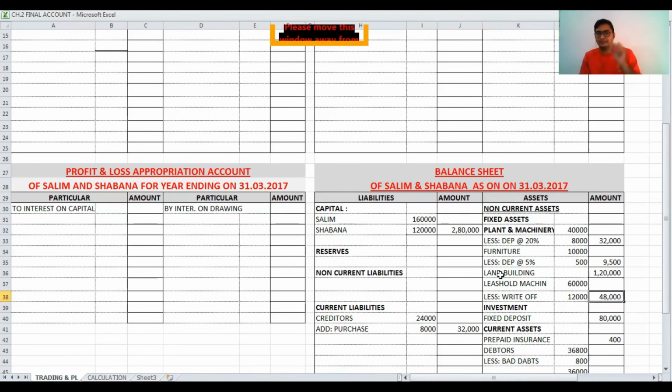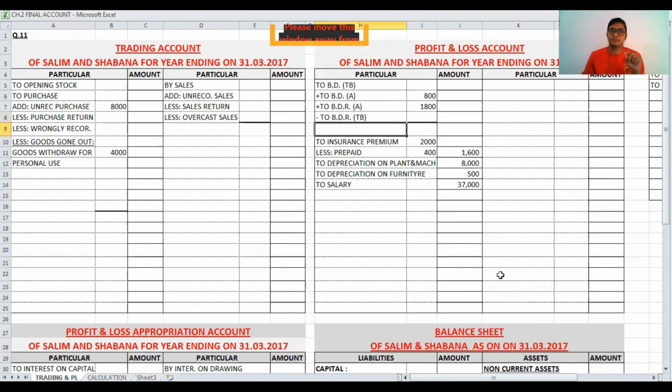And here it is a hidden adjustment, so for second entry in P&L account for write off leasehold machinery for 12,000. In debit side, to write off leasehold machinery for 12,000.